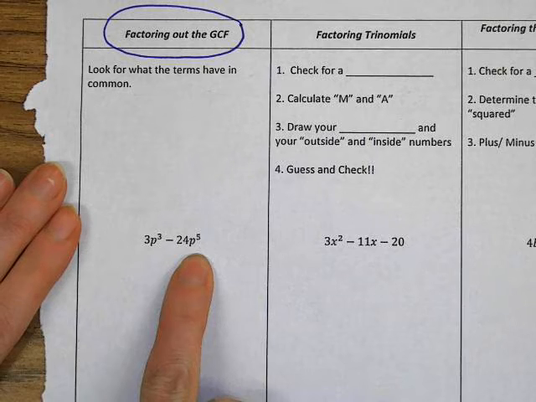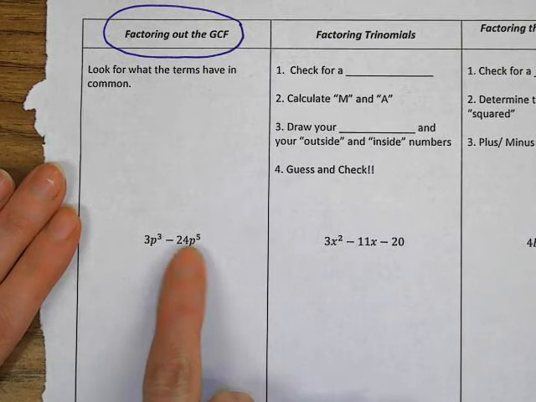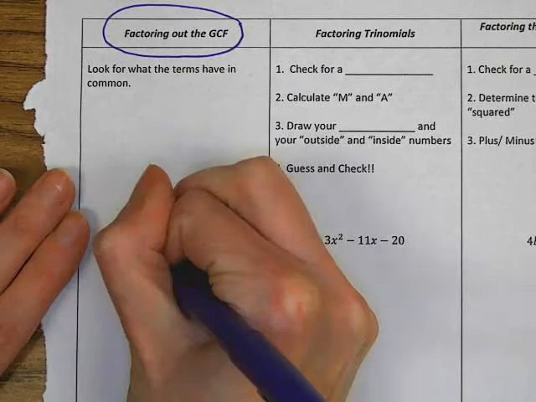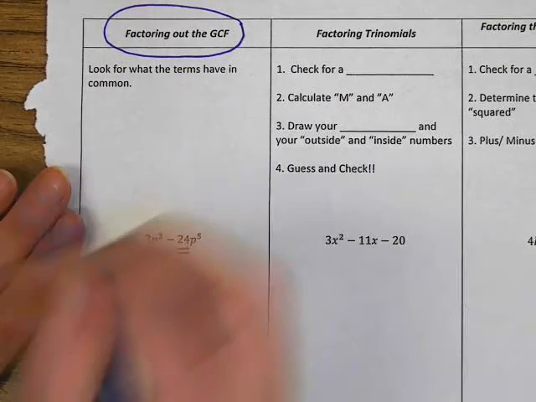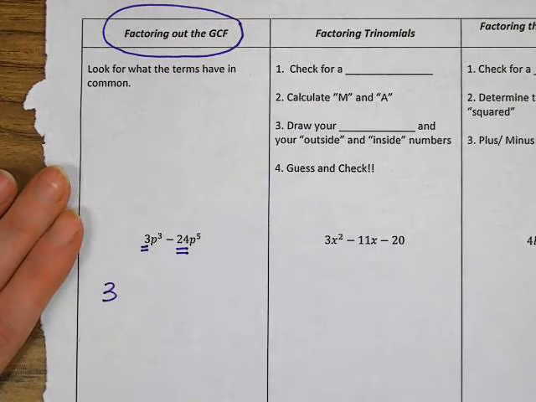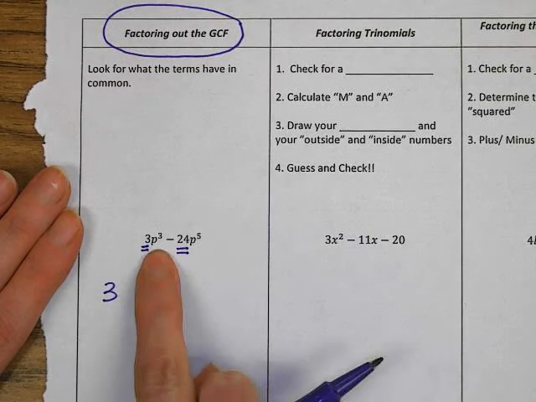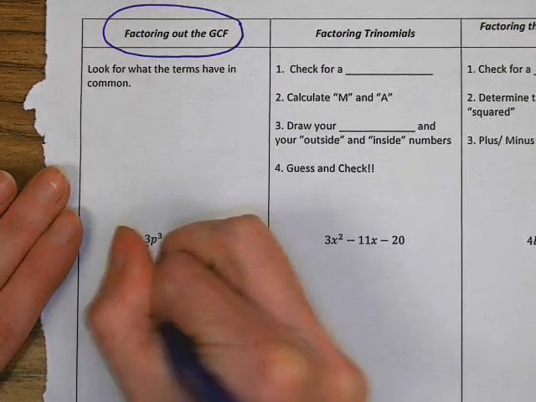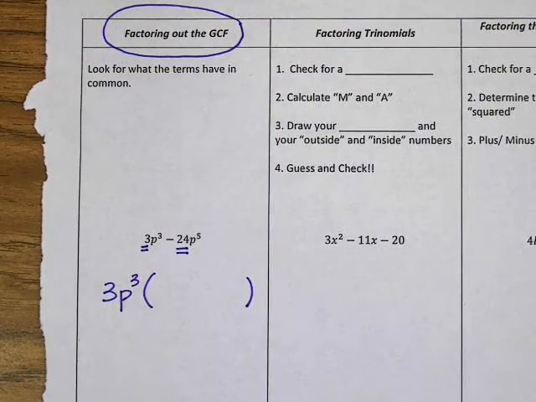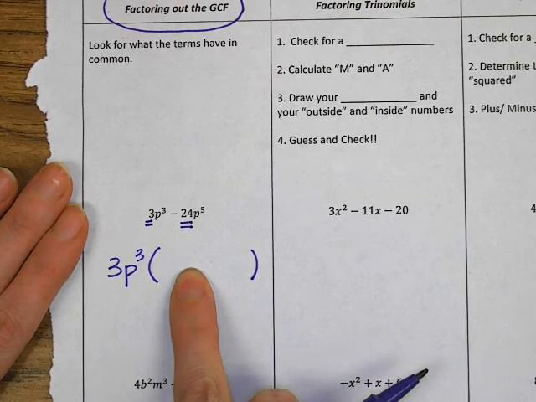What can you guys pull out of 3p cubed and 24p to the fifth? So what is the common factor of 3 and 24? Well, it's 3. And since they both have p's, we can pull out the smaller amount, so p to the third. Then you draw a parenthesis and you divide and subtract to see what's left inside.